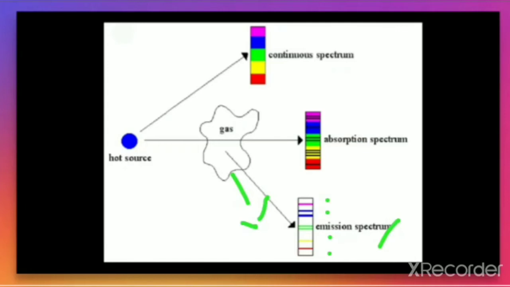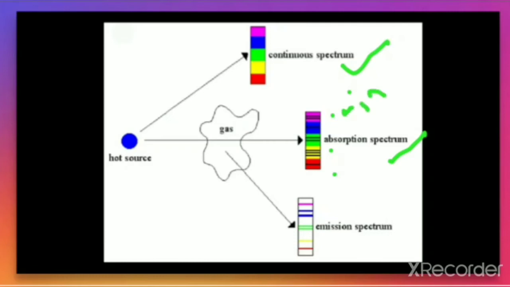In the continuous spectrum, you can find that all the colors are merged with each other. Therefore, it is called a continuous spectrum. But in the absorption spectrum, there are lines, dark color lines. Therefore, it is called a line spectrum.